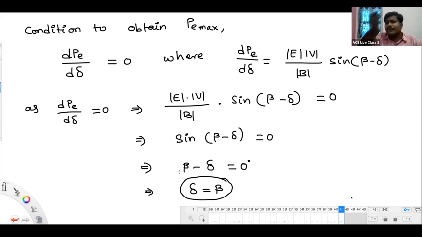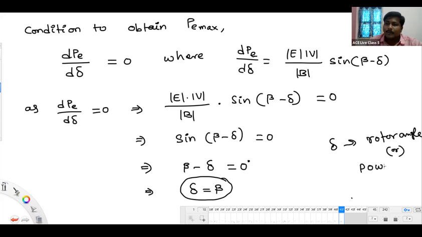See, this delta that we studied earlier, we called it the rotor angular difference. You can also call it the power angle, because that is the angle which mainly decides the real power flow. Or you can call it the torque angle also. You can call the same thing a torque angle.